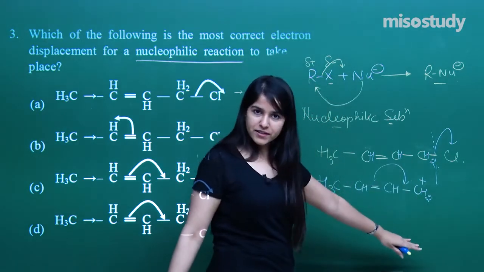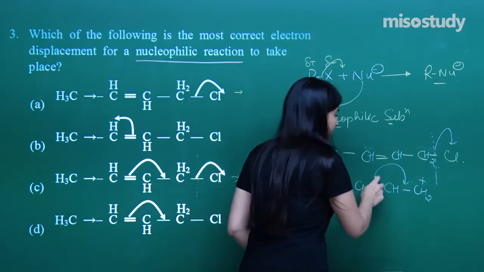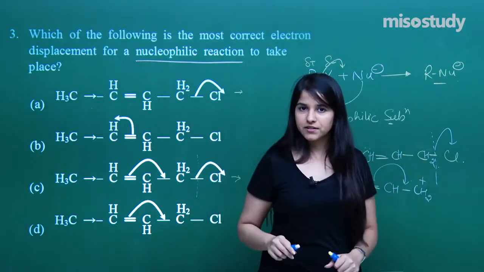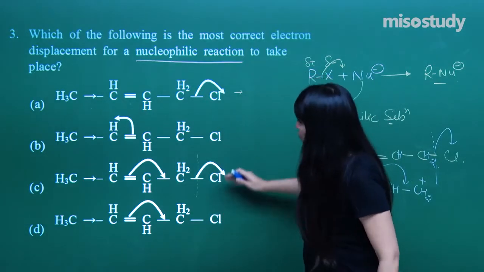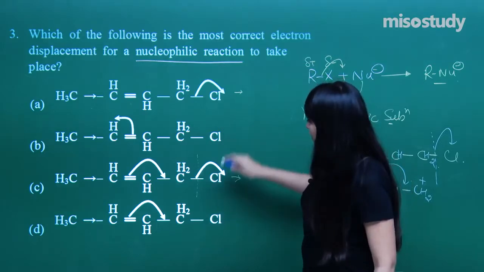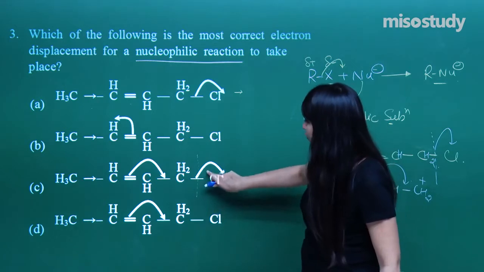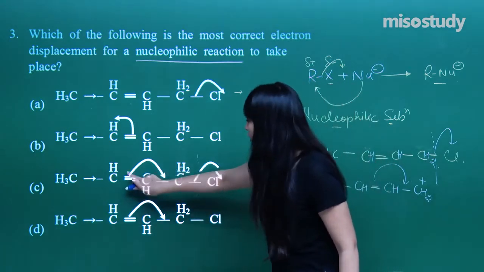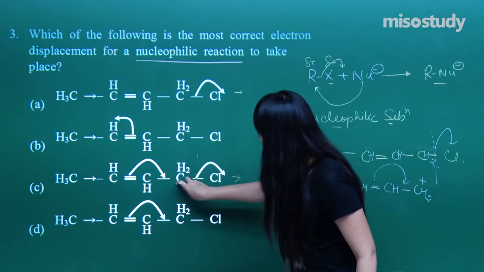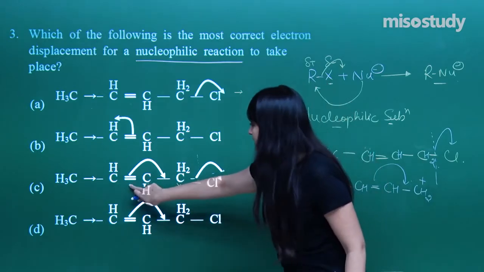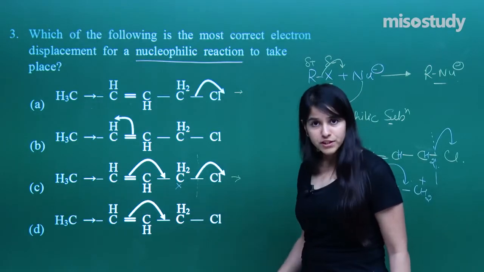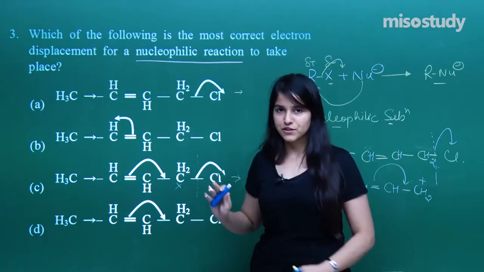So that is how the resonance is taking place. That means I have got two steps in my reaction. Where are the two steps given over here? The two steps are given in option C. The chlorine goes off, and in order to stabilize the positive ion which will be formed over here, these electrons will move forward. So that is how there is resonance stabilization as well.